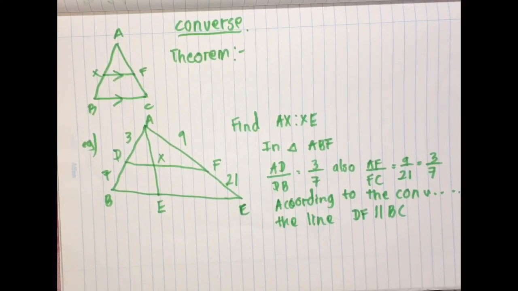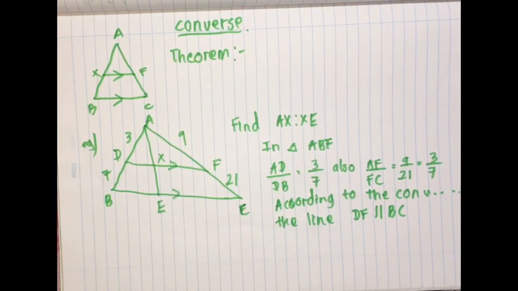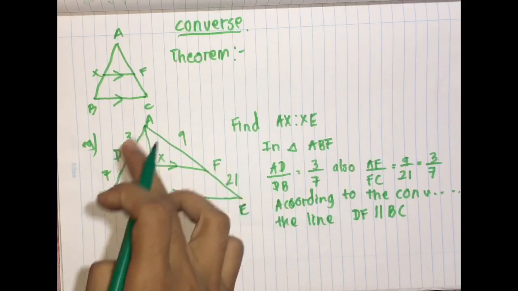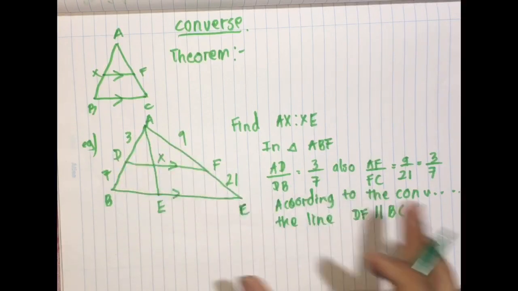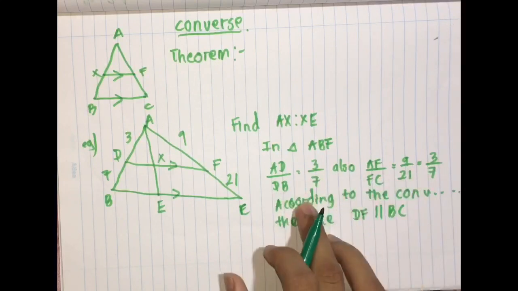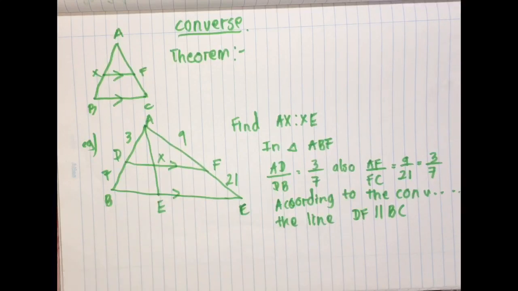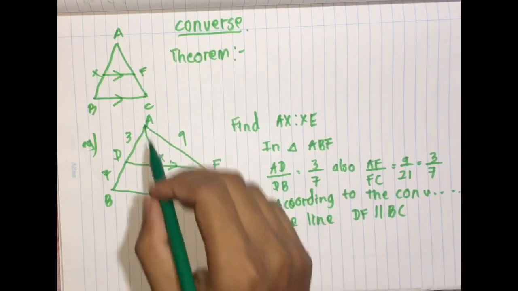Is that clear? Now you have proved that the DF line is parallel to BC. Now you can mark it after proving. We used the converse theorem and found the ratios of these two were equal. Therefore, this line is parallel to the third side. Okay, are you done with that? Now you have to find out AX over XE.